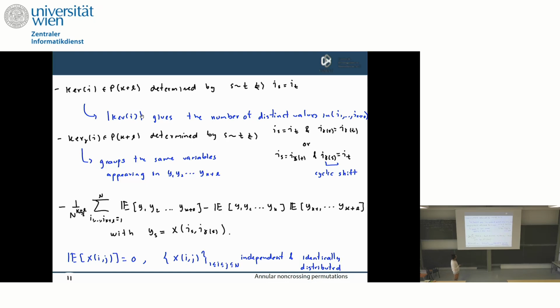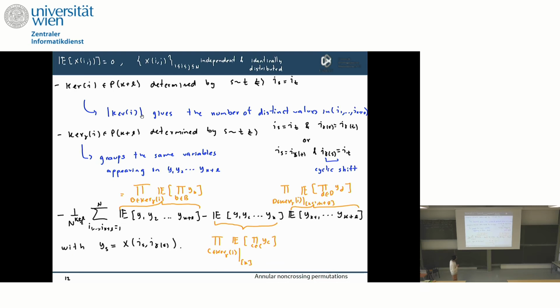Okay, so these two simple conditions are actually enough for annular non-crossing permutations to appear. Why is that? Well, I said the kernel of i gives the number of distinct values in my sequence, whereas the kernel of i gamma groups the same variables that appear in this product.